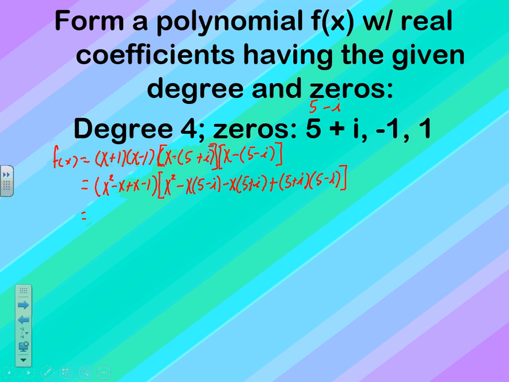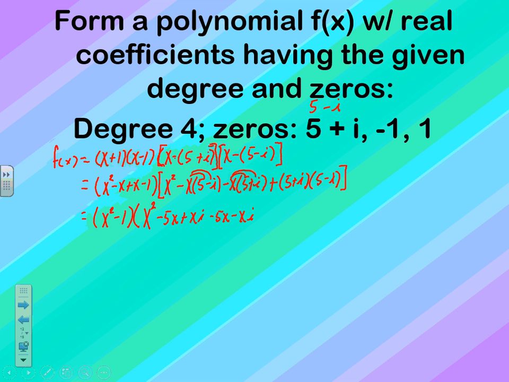Combine your like terms in the parentheses on the left, and we get x squared minus 1. Now, before we combine our like terms in the parentheses on the right, we have some more work to do. So the x squared is just the x squared. Distribute the negative x here, and that'll give me minus 5x plus xi. Distribute the negative x here, and I'll get minus 5x minus xi.